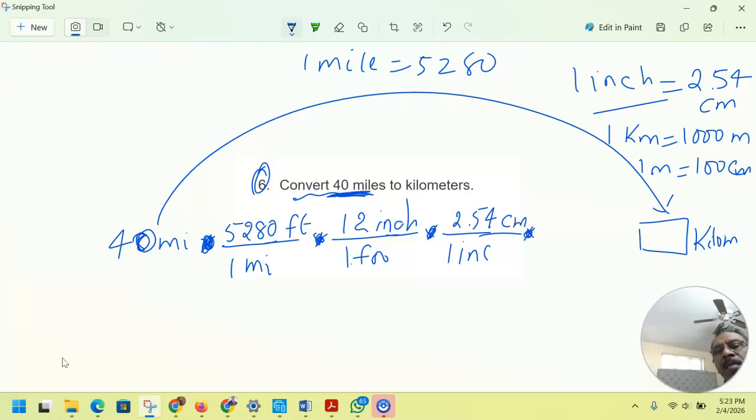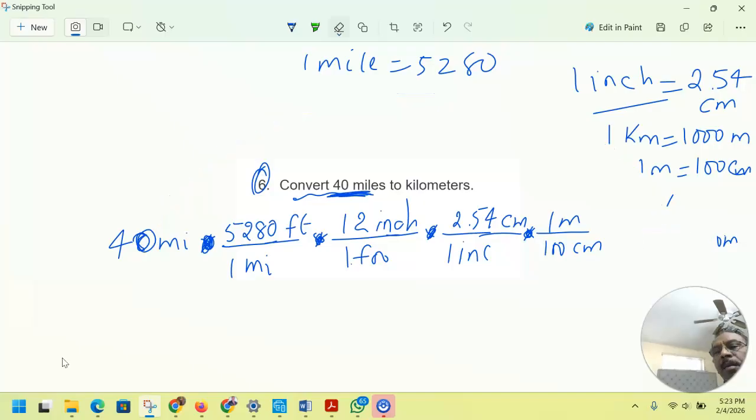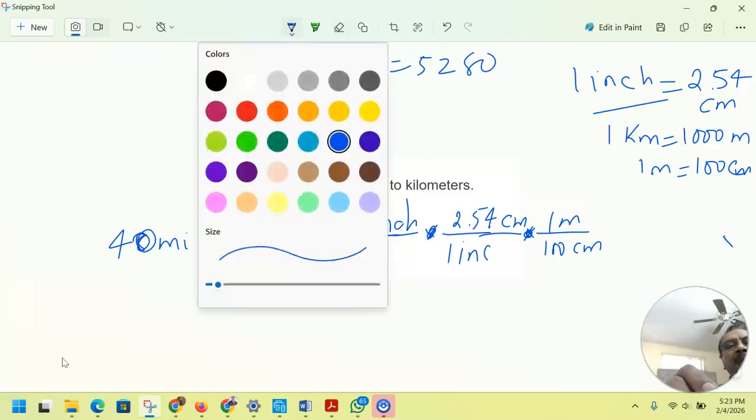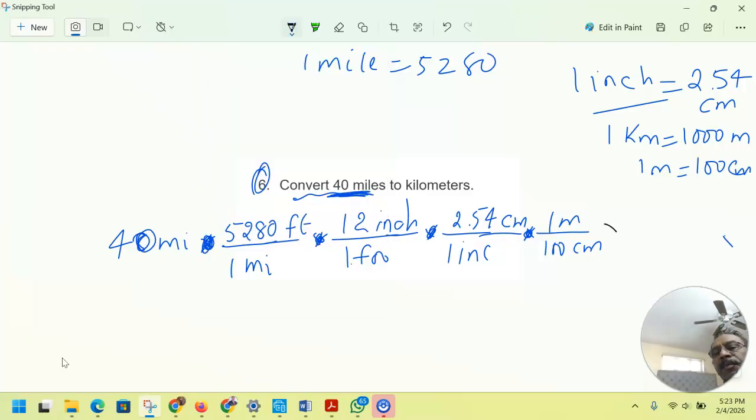Then we'll convert centimeters to meters. So 100 centimeters is 1 meter. Then we change to kilometers, because you want to change it to kilometer. 1 kilometer is 1,000 meters.